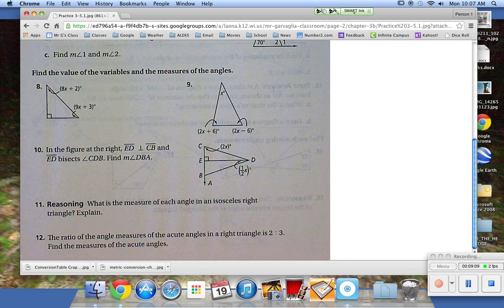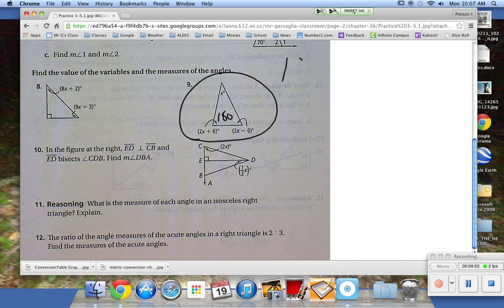Let's look at this next one here. We have 3 variables. What does this equal? Kaylee, what does that equal, that triangle? How many degrees? 180. Those total up to 180 degrees.